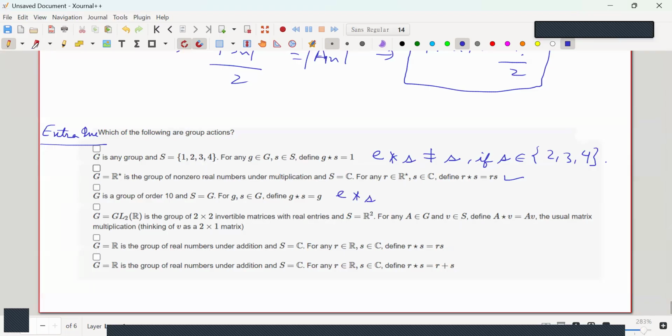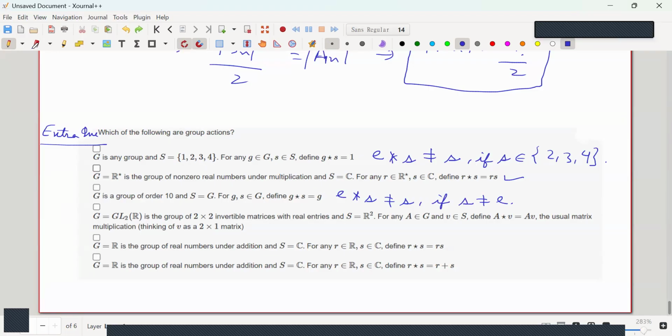Identity times s is not s if s is not identity, right? So this is not correct. What about the fourth one?